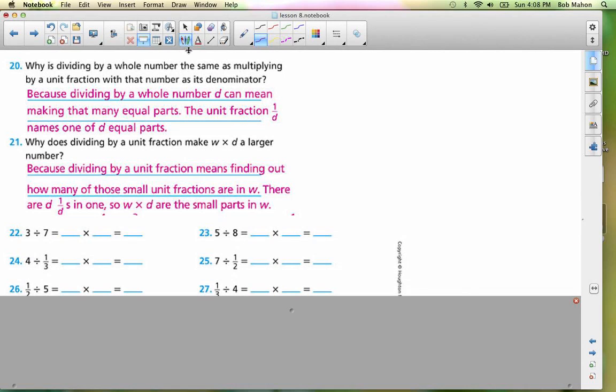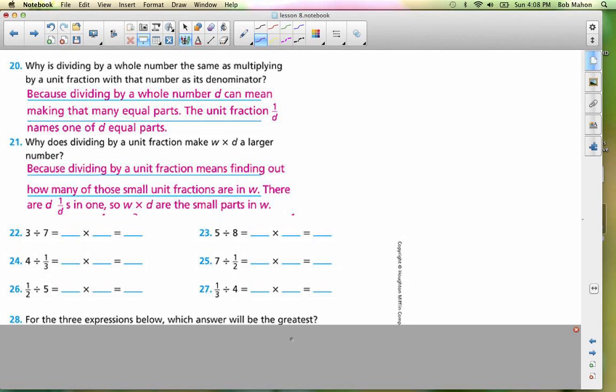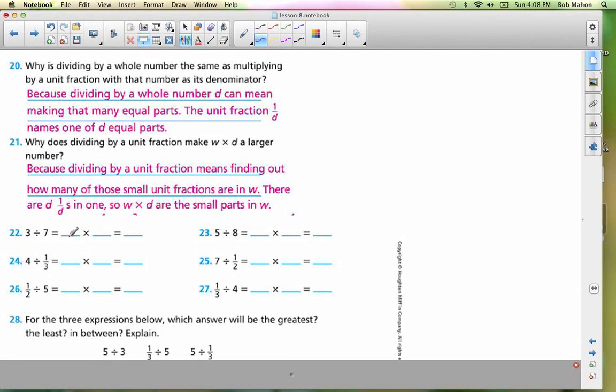If you guys need to pause to go back and get any of that previous, make sure you do so. Okay, so 3 divided by 7 is the same thing as saying 3 times 1/7, or 3/7. Okay. 5 divided by 8 is 5 times 1/8, or 5/8 total.